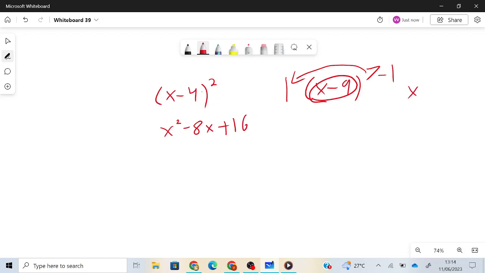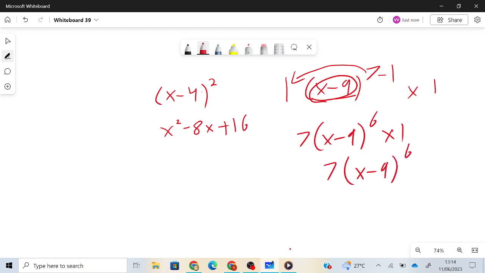The derivative of x minus 9 is simply 1, because if you differentiate minus 9 you get 0, and if you differentiate x you get 1. So you would now have 7 times (x minus 9) all to the power 6 times 1, which is the same as 7 times (x minus 9) all to the power 6.